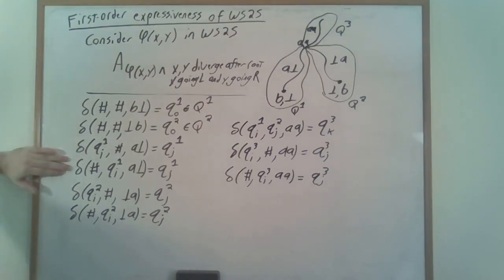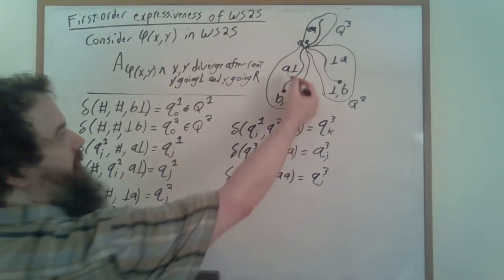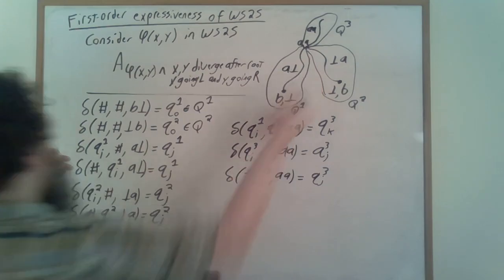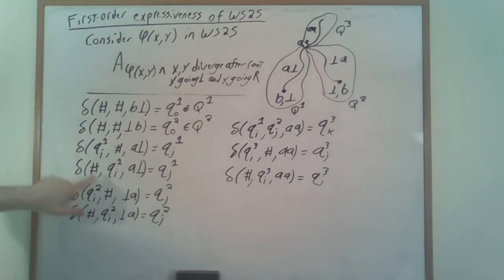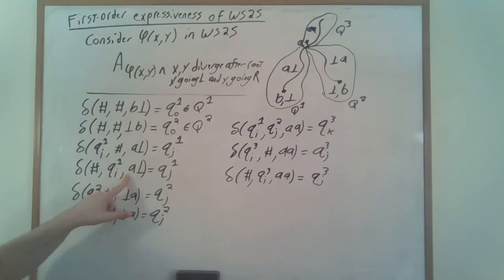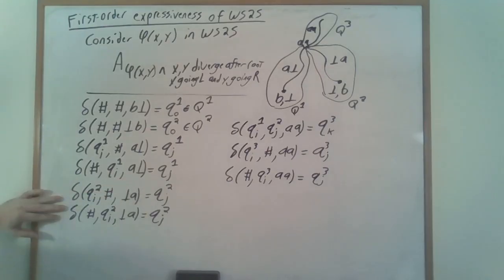And the reverse, if we're at a node that has an A bottom character at it, it might have no left child and a right child. And so if the right child gets state Qi, which is going to be in Q1, we need to assign some sort of state Qj, which is also going to be in Q1, to our node with the A bottom character. And then similarly, the reverse.